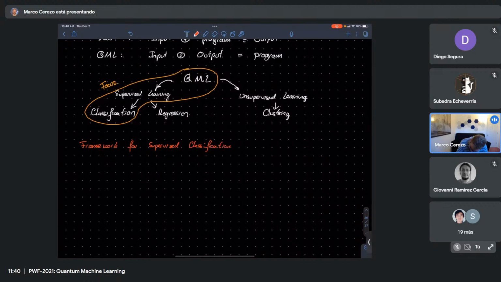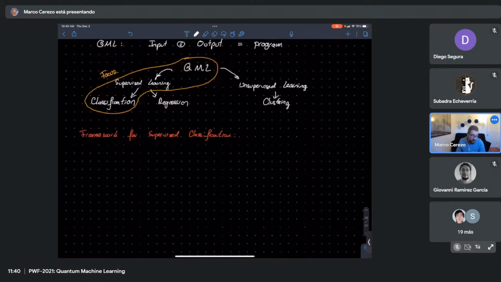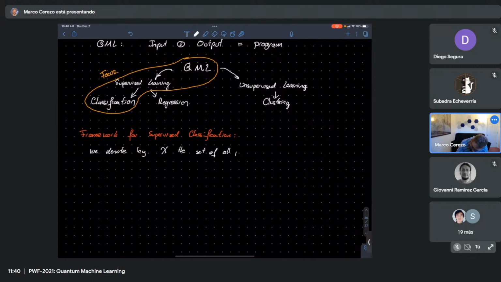Because we can't really talk about a problem without defining the mathematical framework we're going to be working in. If you've had a machine learning course, this is how every theory of machine learning course starts, so this is just going to be a nice refresher. We define by X the set of all possible examples or instances.